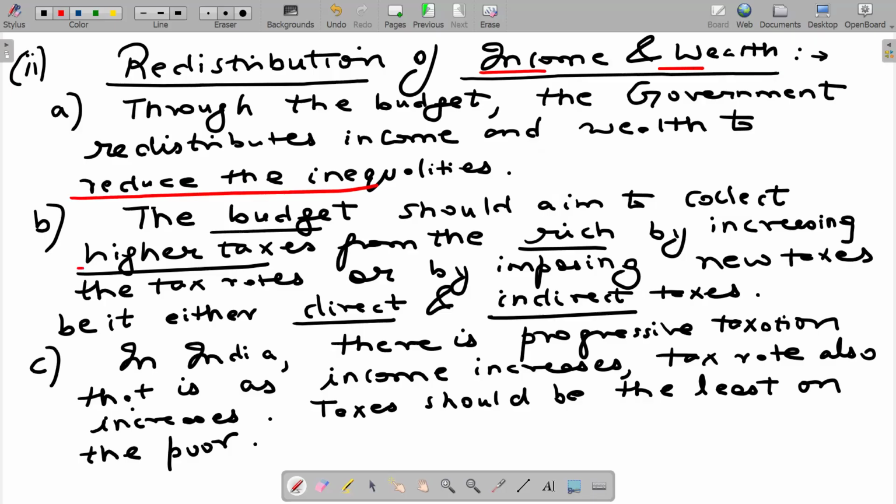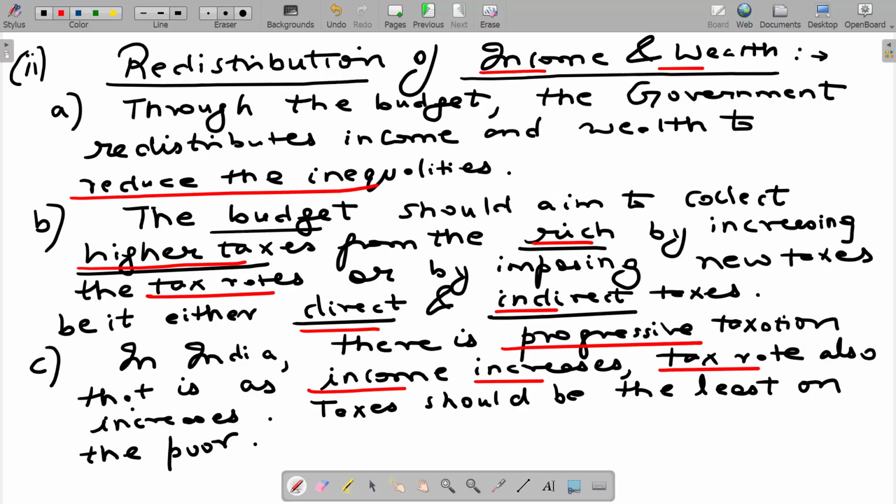The government imposes higher taxes on the rich. There are two ways to impose higher taxes on the rich: either increase the tax rates or impose more kinds of direct and indirect taxes like wealth tax, luxury tax, etc. In India, we follow a progressive taxation structure. That means the higher your income, the higher the tax rate imposed on you.